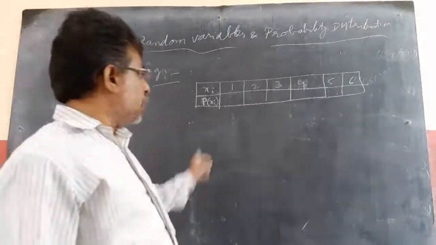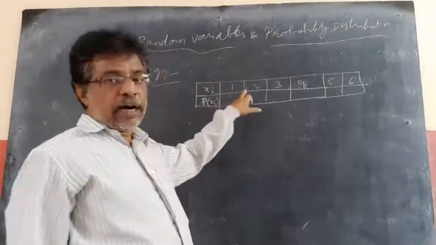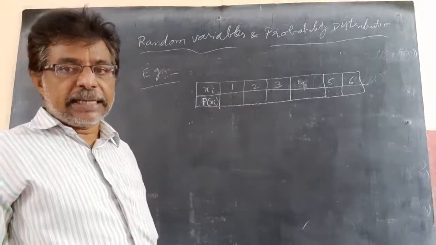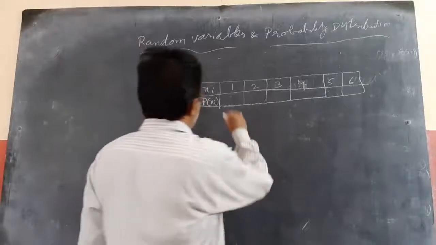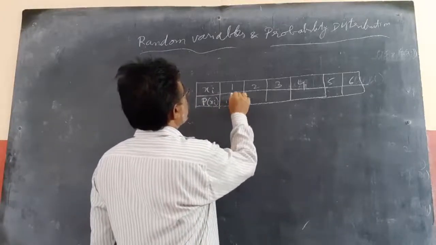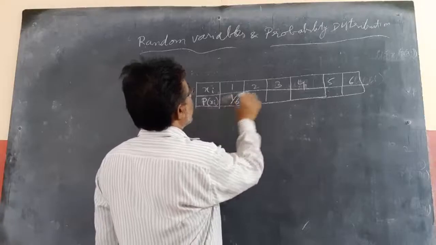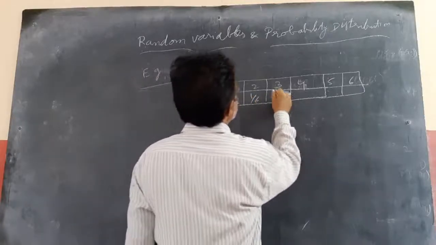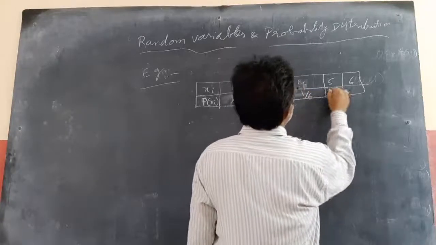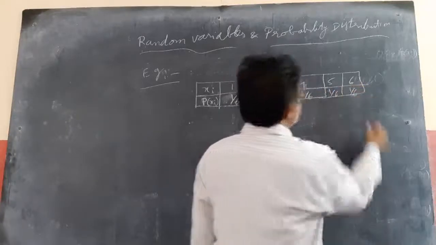Now what is the probability of getting 1 when a die is thrown? P of xi is 1 by 6. And probability of getting 2 is also 1 by 6. Getting 3 also 1 by 6, 4 also 1 by 6, 5 also 1 by 6, 6 also 1 by 6.